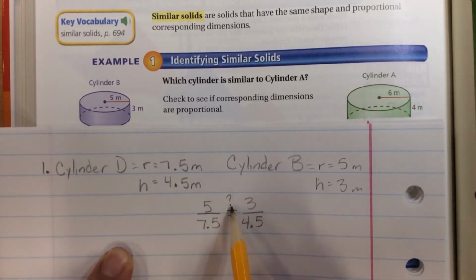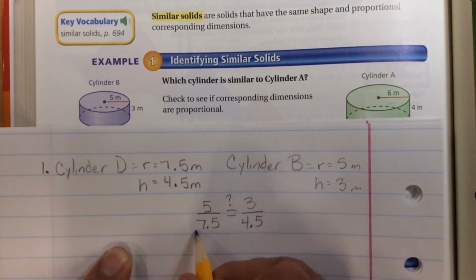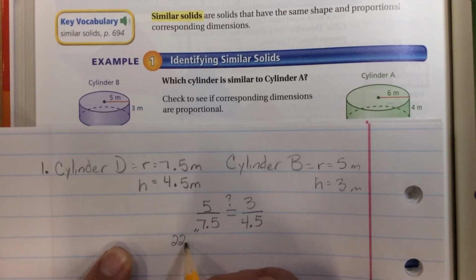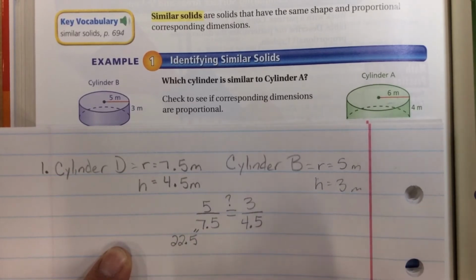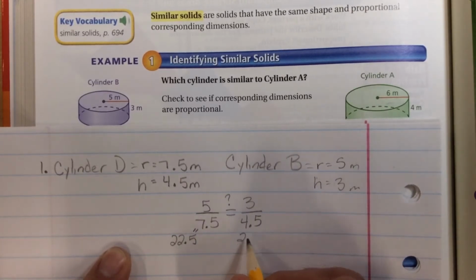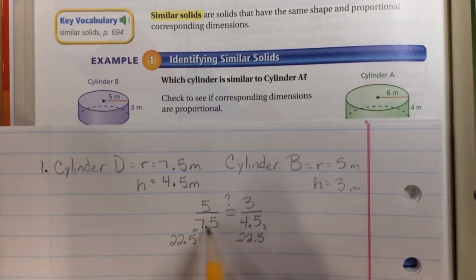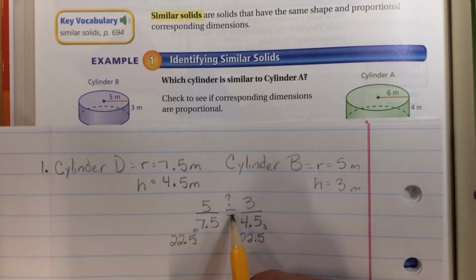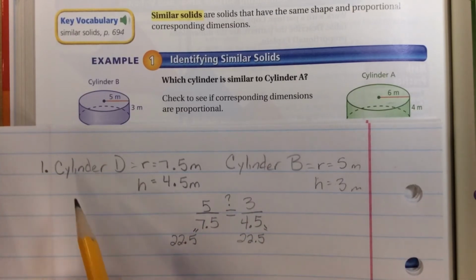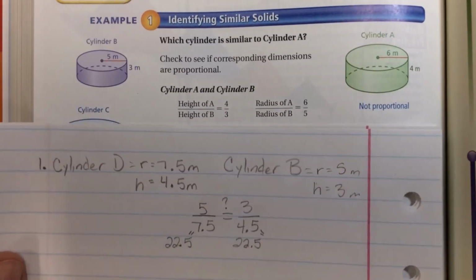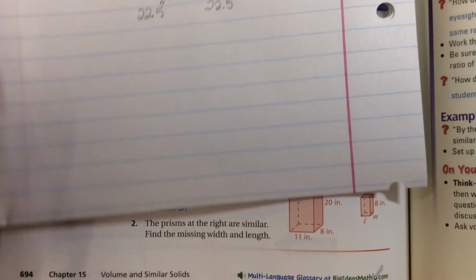Okay, we're not saying they are, we're just wondering if they are. 7.5 times 3 would be 22.5. And 5 times 4.5 would be 22.5. Oh yeah, 22.5. So yes, their cross products are equal. These are proportional. So for number 1, the answer is it is similar to cylinder B.